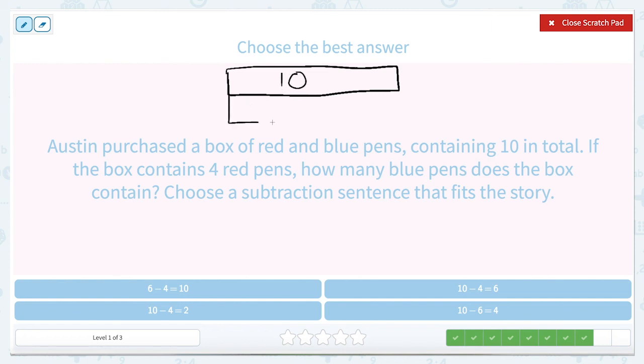Well, we know that 4 of these pens are red. So then how many pens here are blue? So to figure that out, we need to take 10 minus 4 to get our total number of blue pens. So 10 minus 4 is 6.